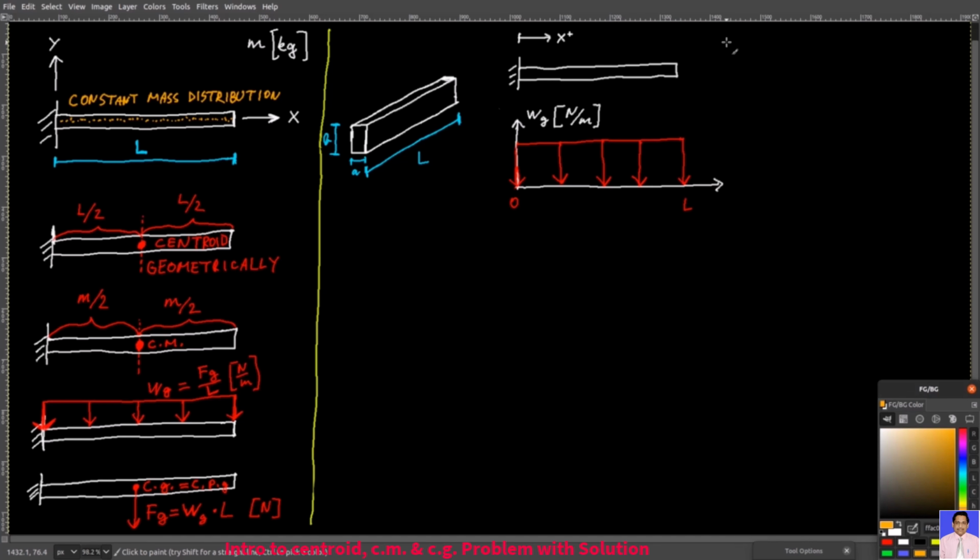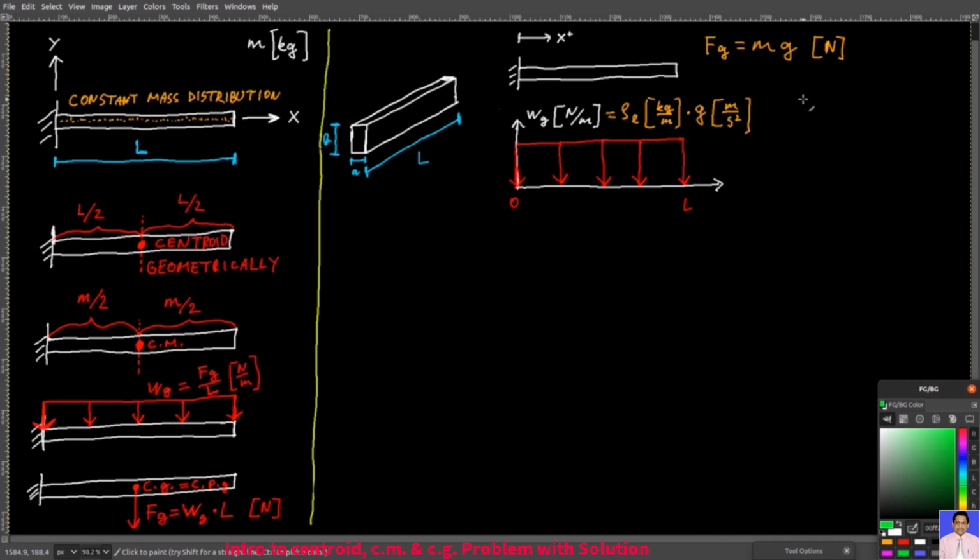But first, remember that the force of gravity, Fg, is mass times g, the gravitational acceleration. The force of gravity is in newtons, of course, but that means that this force distribution per unit length, Wg, in newtons over meter, is mass distribution per unit length, kilograms over meter, times g, which is in meters over seconds squared.